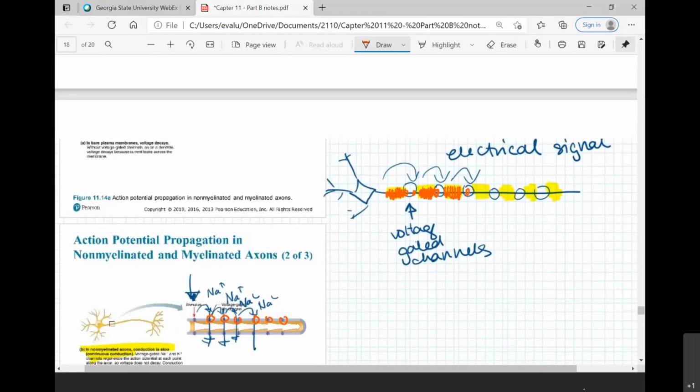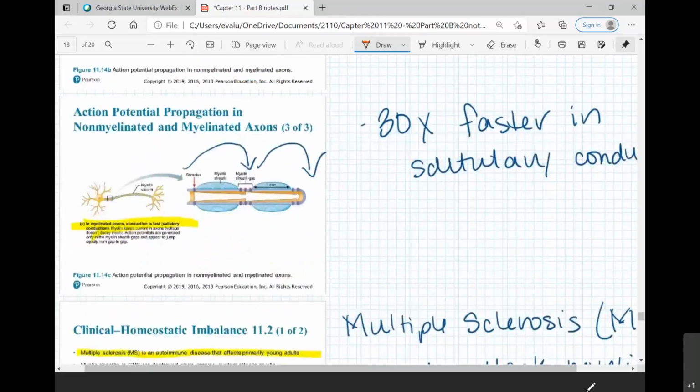So basically it's causing your stimulus to occur here. Rather than having that sodium channel all the way down, it is essentially protecting the signal, and you only need sodium here, and it jumps. It's 30 times faster to have saltatory conduction than continuous conduction. So it's very, very cool.